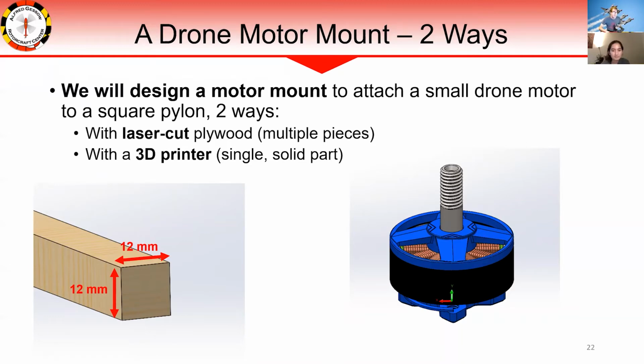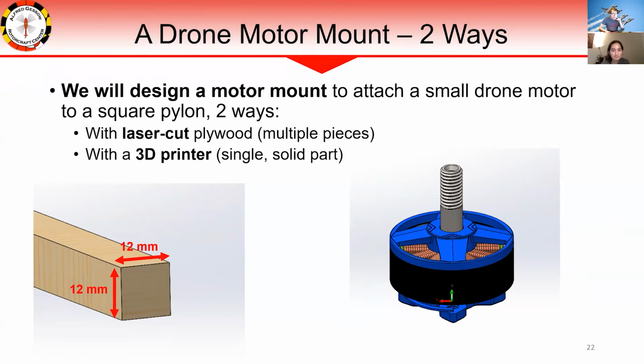One way with a 3D printer, which will be a single solid part, just to show you the advantages of 3D printers sometimes. But if you don't have a 3D printer, you also have other options, so we'll consider a laser cut plywood design. Ultimately, we're just going to try and design a part that will mount this motor to that pylon.